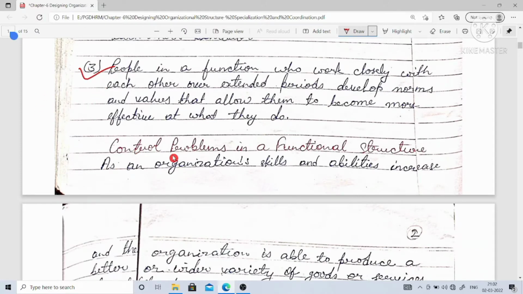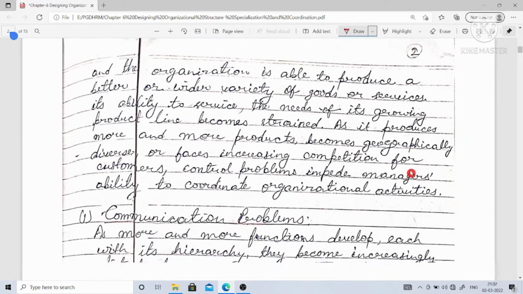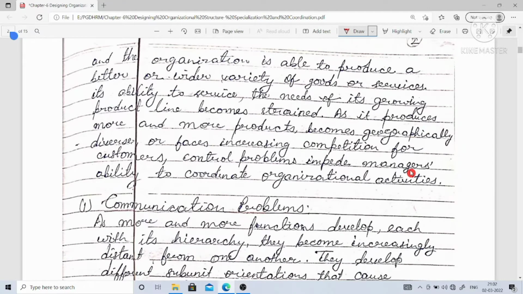Control problems in functional structure. Some control problems are also there in the functional structure. So what are those control problems? As an organization's skills and abilities increase, the organization is able to produce a better and wider variety of goods and services, and its ability to service the needs of its growing product line becomes strained.